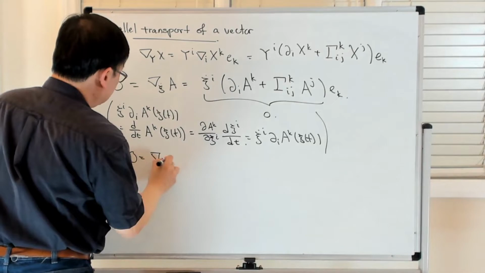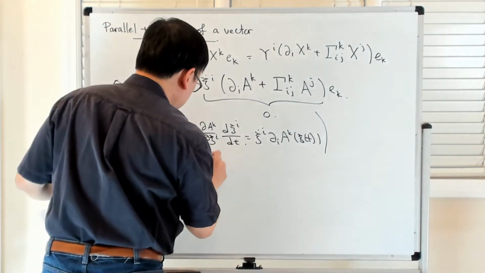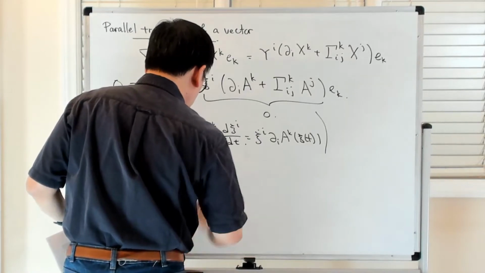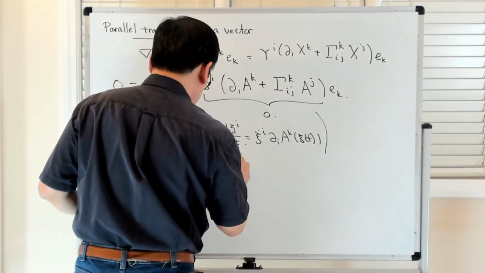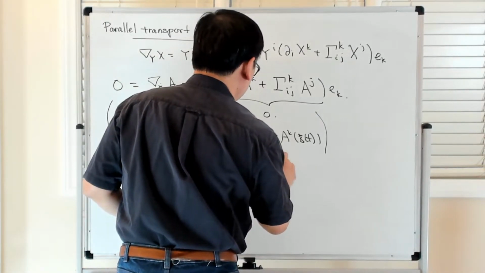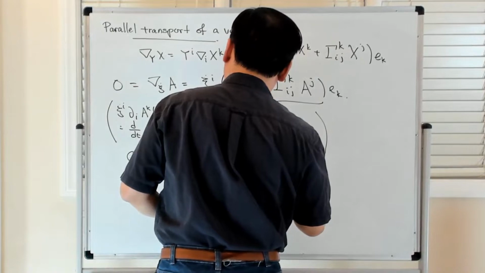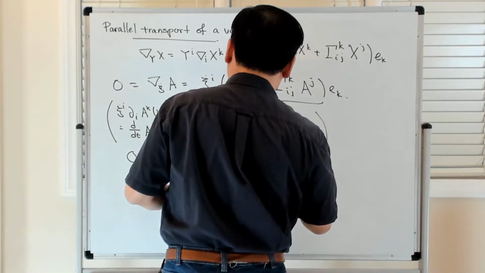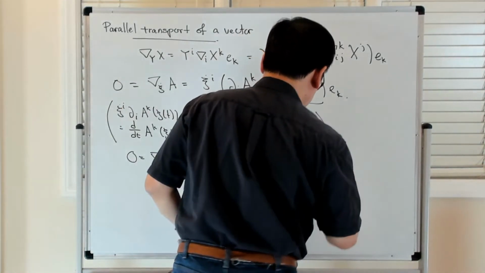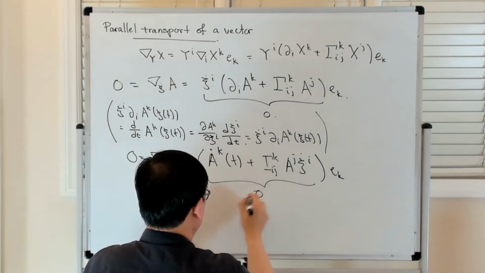So this is equal to A dot K of t plus gamma^i_jk A^j C dot I. For that to be 0, this thing inside the parentheses has to be 0.